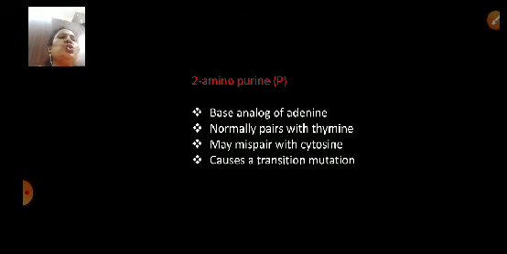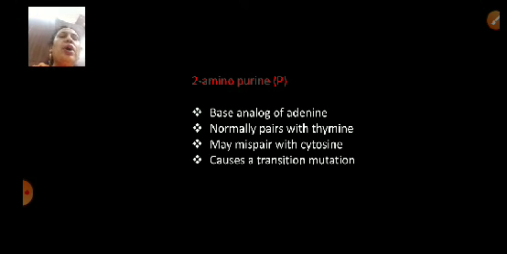Another base analog is 2-aminopurine. It is the base analog of adenine, and it can also behave like guanine. Adenine is actually 6-aminopurine, with an amino group at the 6th position. In 2-aminopurine, there is an amino group at the 2nd position. So it structurally resembles adenine, and hence it is added as if it is adenine.